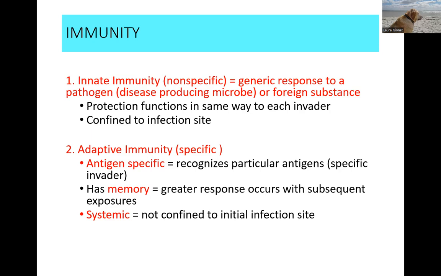It's going to make granules and design a method to kill the one organism that has the particular antigen it's looking for. Now, you might have 50 different B lymphocytes and T lymphocytes making, in the case of B lymphocytes, antibodies to 5 different organisms, 5 different viruses, let's say. That's cool. But no one B lymphocyte, one of those plasma cells, is going to make 2 different types of antibodies.